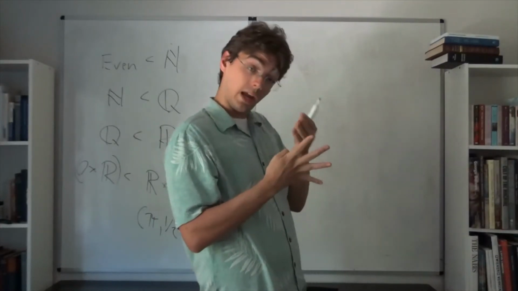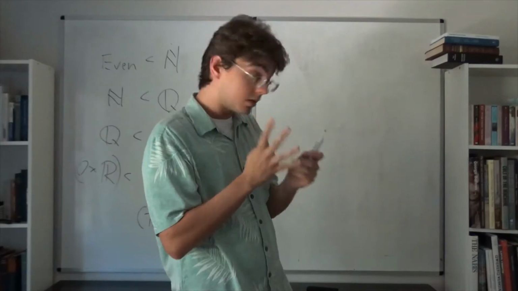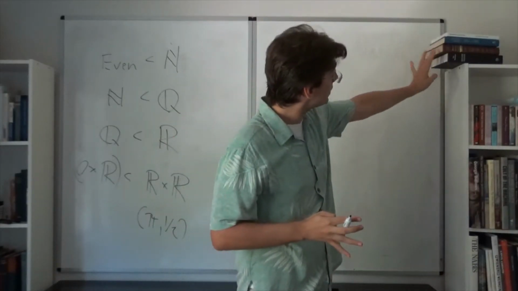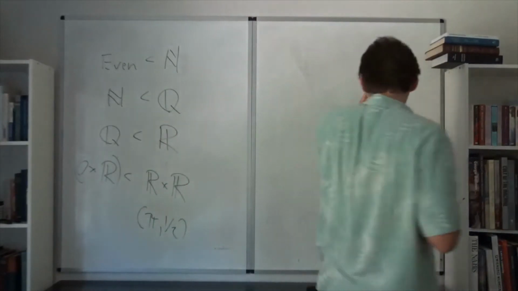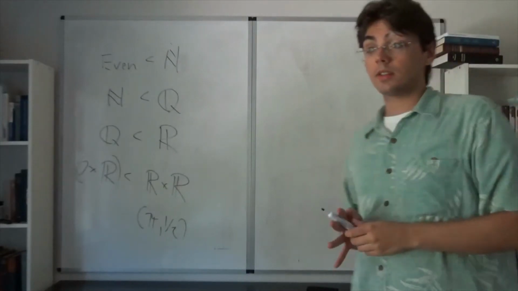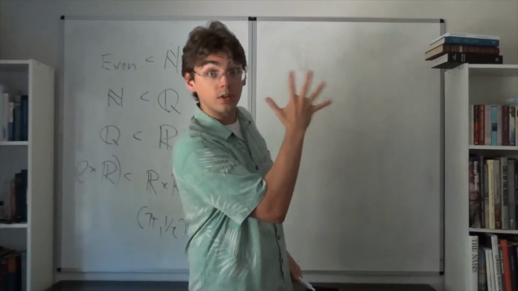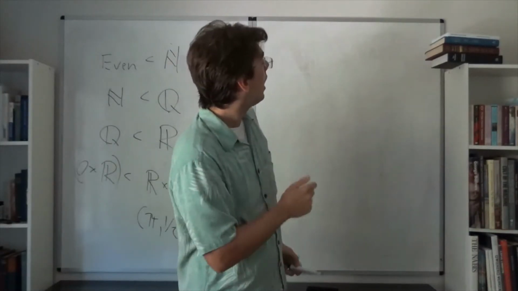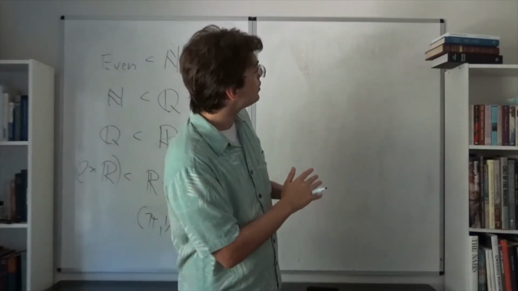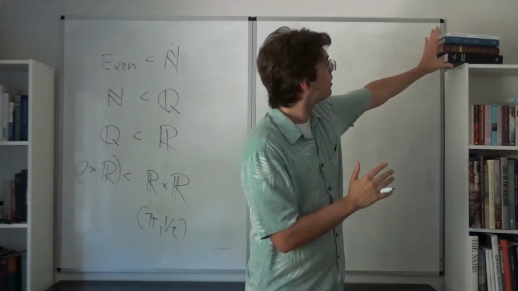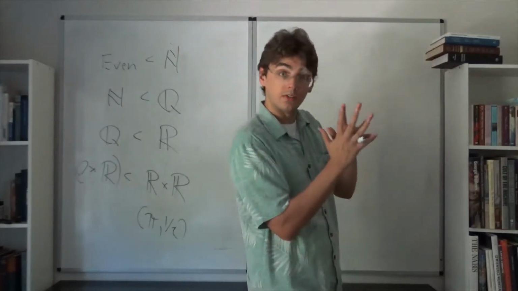I pair my fingers together with the number of books here. And we would say that there are fewer books than I have fingers in my right hand, because there's no way for me to pair all of these books to my fingers, okay?